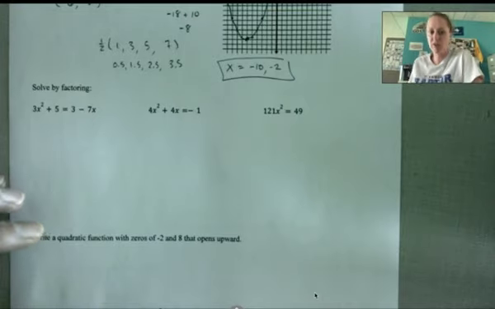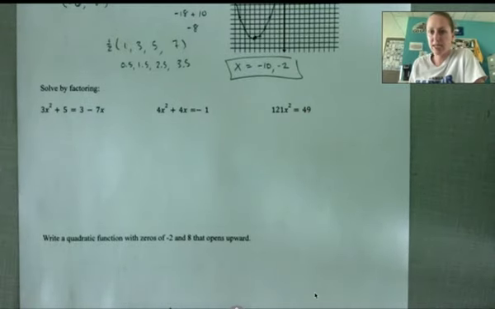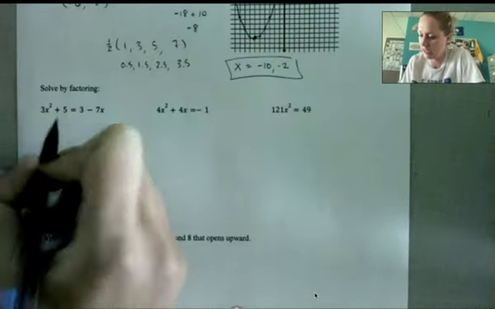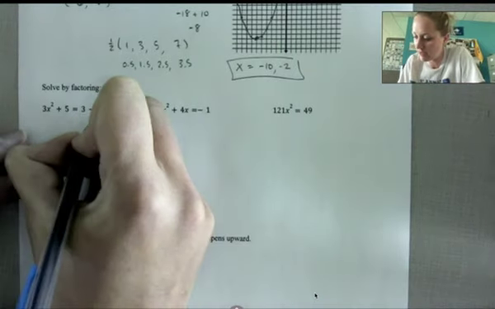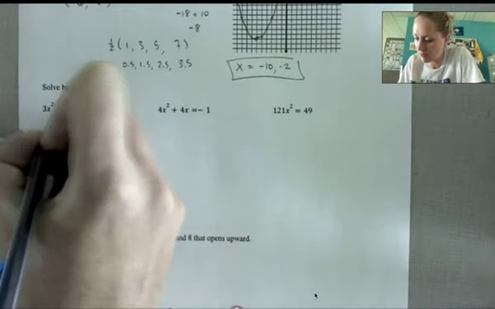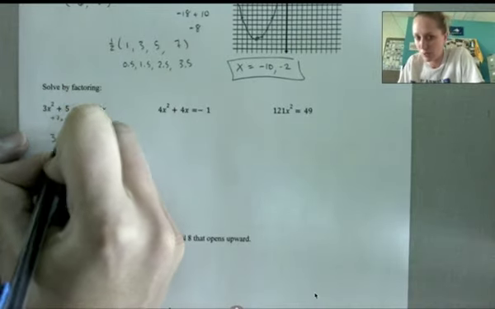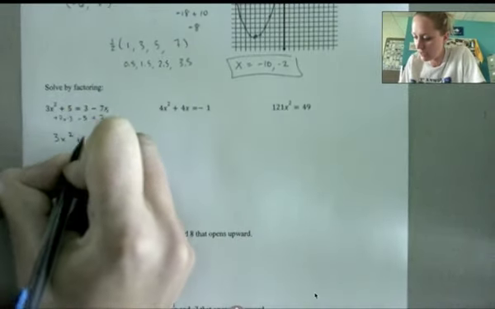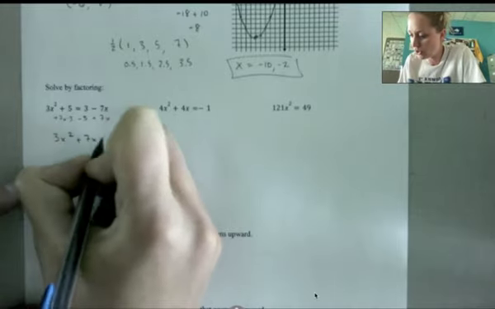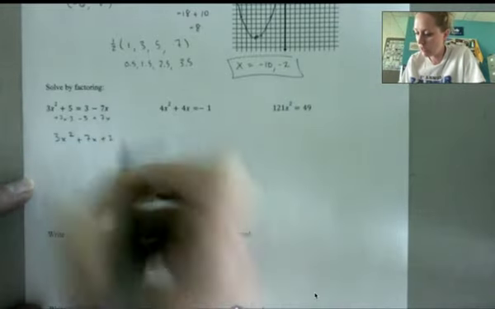All right, these ones I'm going to solve by factoring. So remember, we want to set it equal to 0 and then factor the remaining expression. So I'm going to add 7x and subtract 3. So I'm going to get 3x squared plus 7x plus 2 when I do 5 minus 3 there.